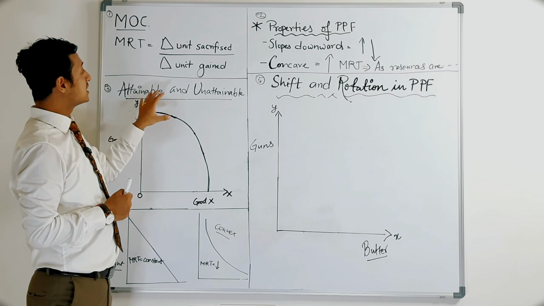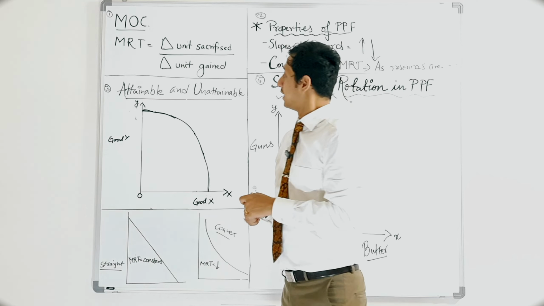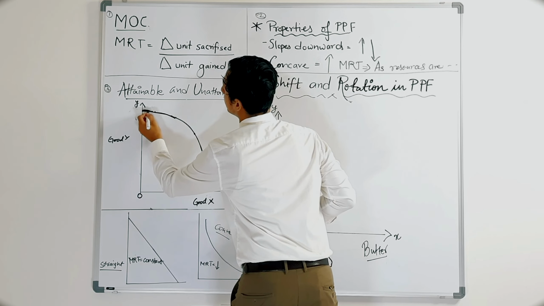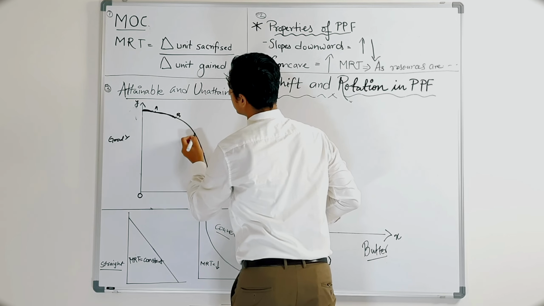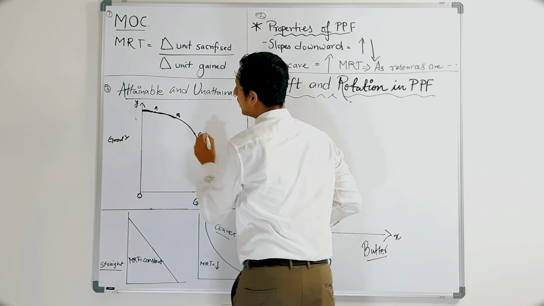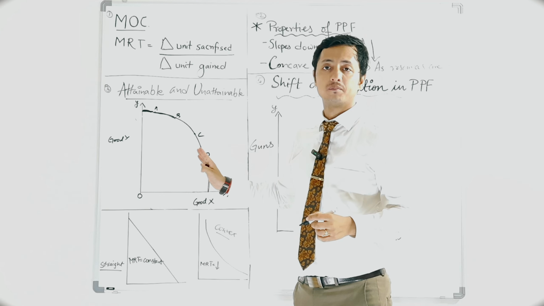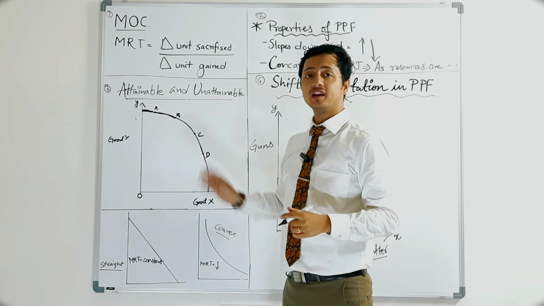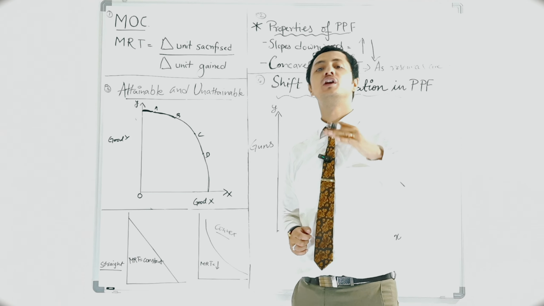Now, attainable and unattainable points in PPF. This is the PPF curve. Any points here, A, B, C, D, are attainable, right? It is attainable when the resources are efficiently and fully utilized.